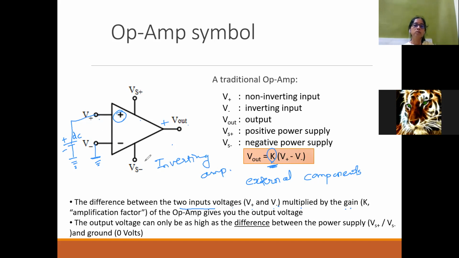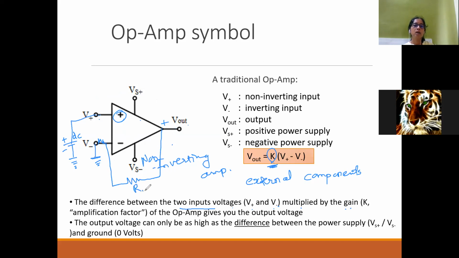Suppose we are discussing and constructing a non-inverting amplifier, then we should have some resistor between the inverting terminal and the output, like this, and one resistor is also there, and then it is connected to ground.